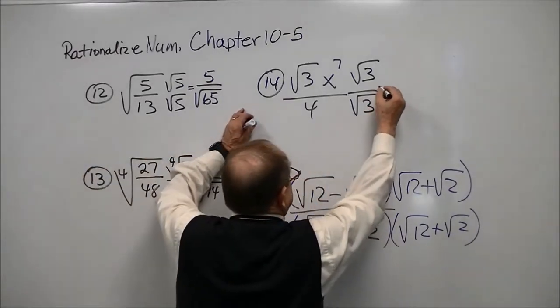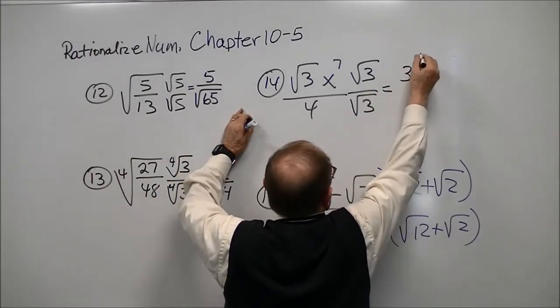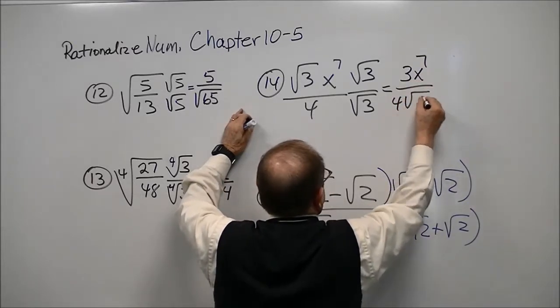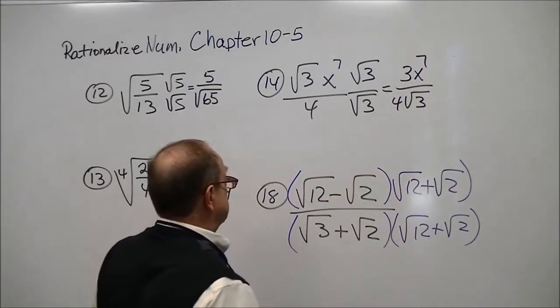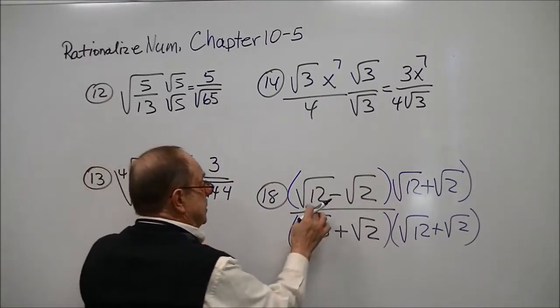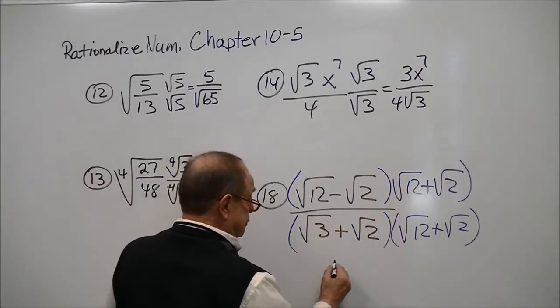And this will be 3 x to the 7th over 4 square root of 3. And this one is going to be 12 times 12 is 144. Square root of that is 12.